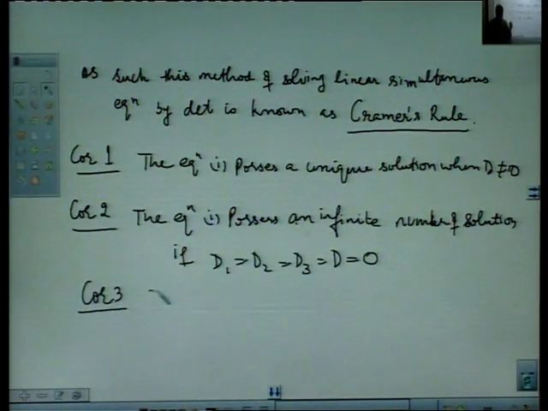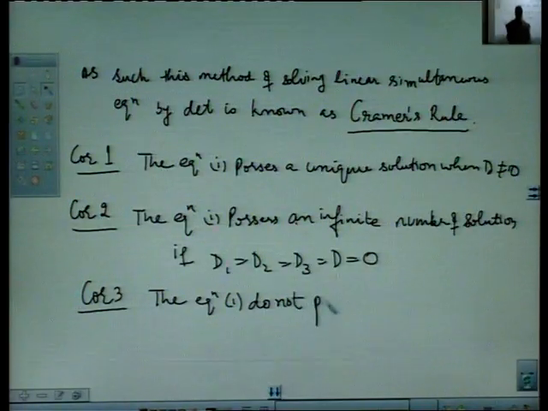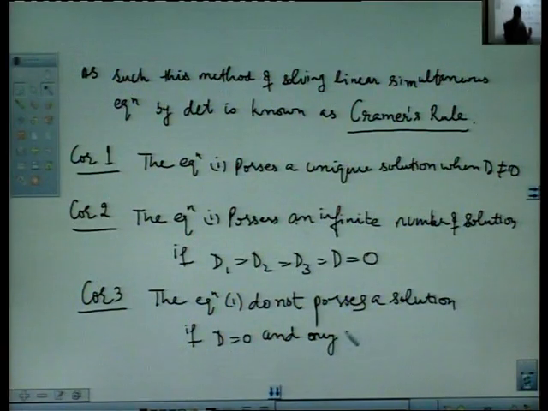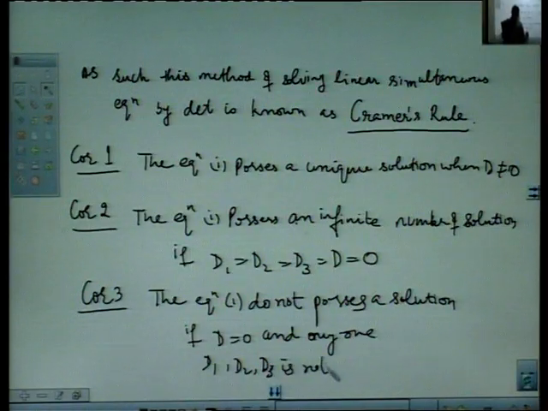Corollary third: the equation 1 does not possess a solution if D equal to 0 and any one of D1, D2, D3 is not 0.